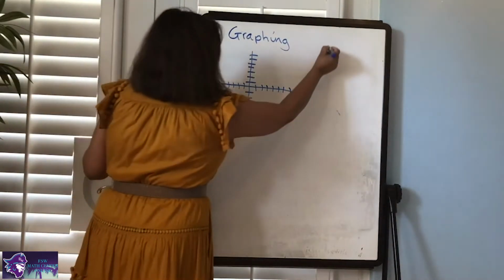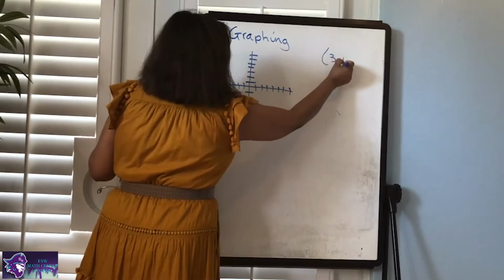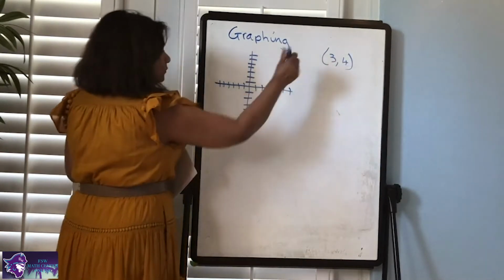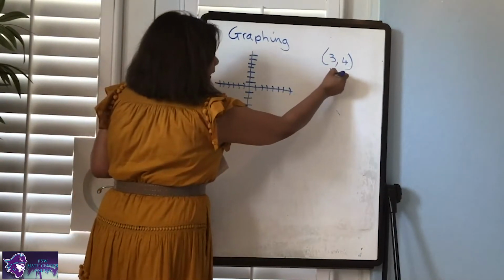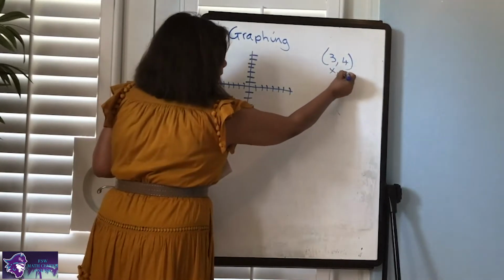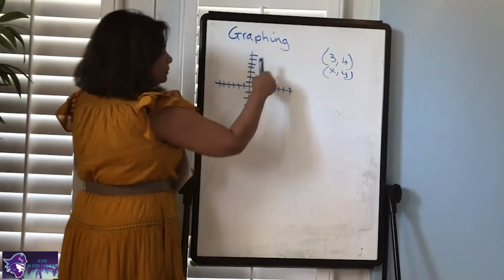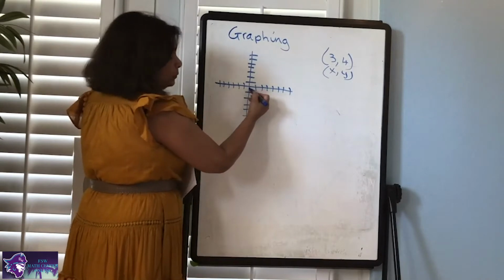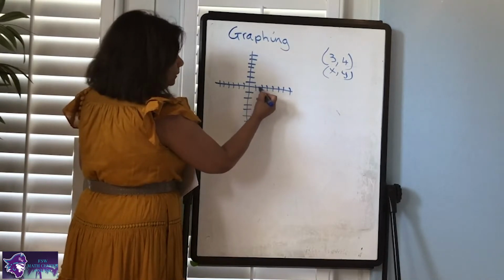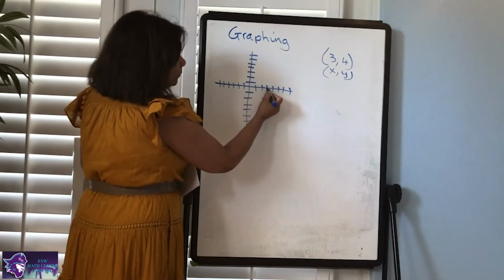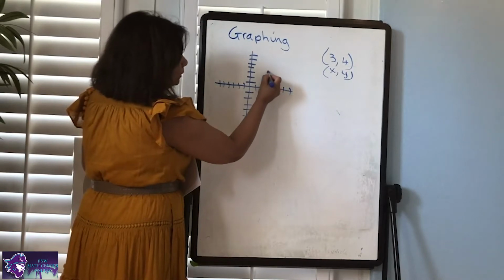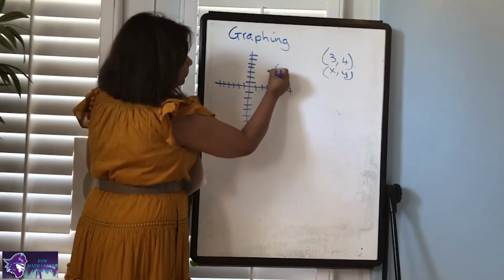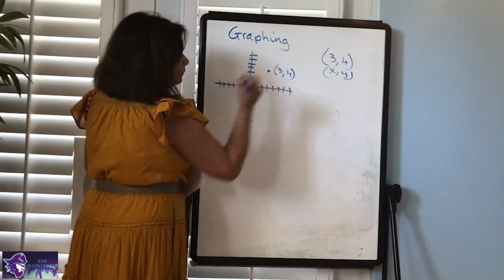First point I'm going to put is 3, 4. Now remember the 3 represents your x and the 4 represents your y. So in quadrant 1, I'm starting at the origin. I'm going to go over 3, 1, 2, 3, but then up 4. 1, 2, 3, 4. So that's my point 3, 4.